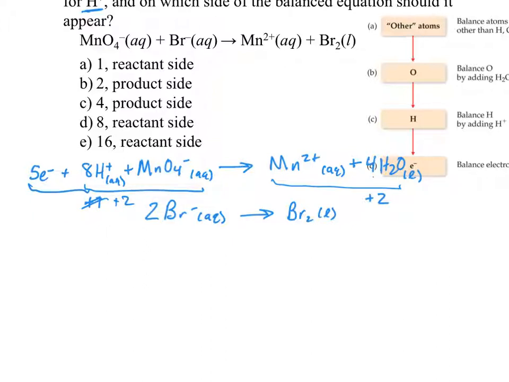That make sense? On the second half reaction, we have 2 minus charge on the reactant side, a total of 0 charge on the product side, so we can add 2 electrons on the product side. Now we have 2 minus charge on the reactants and 2 minus charge on the products.